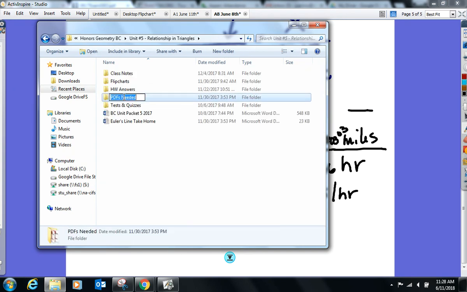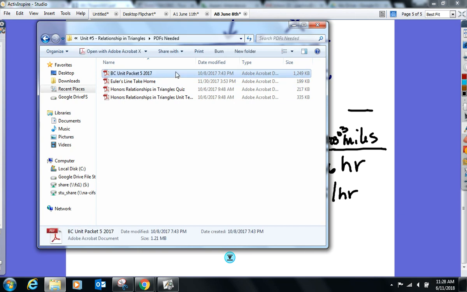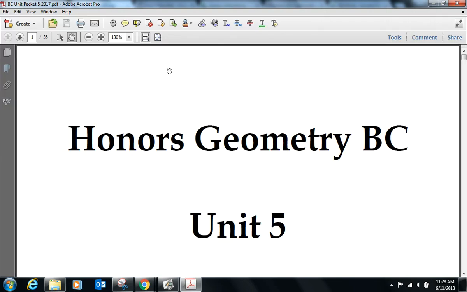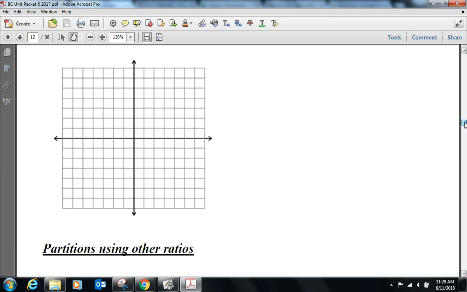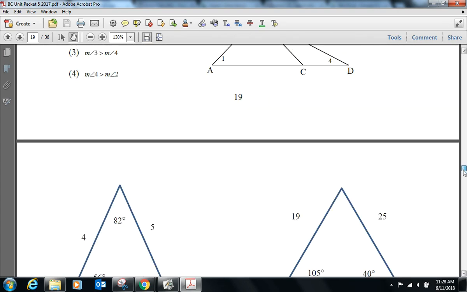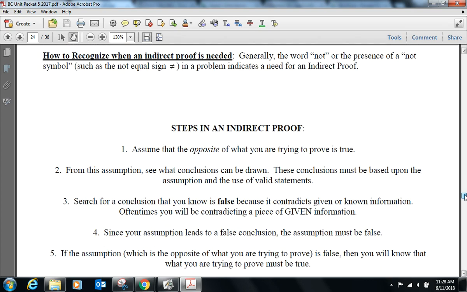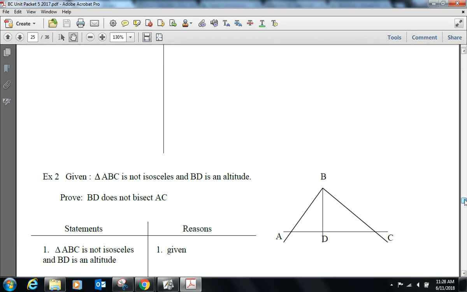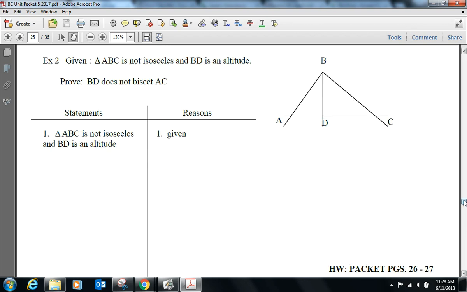Okay, PDFs. Let's open up this packet. Okay, here you go.